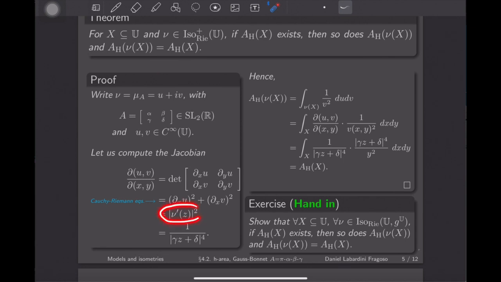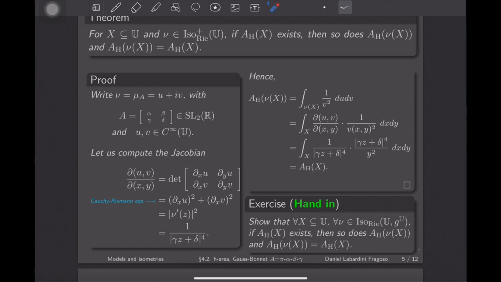Okay, so I'm here, and now if you remember when we proved that the elements of PSL2R are Riemannian isometries, we computed this norm, and we arrived at this is equal to this.